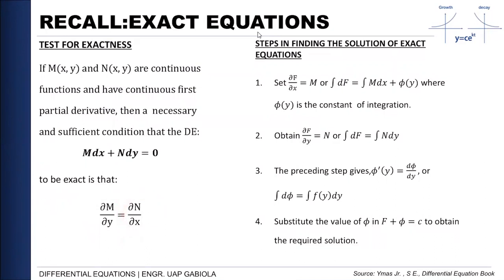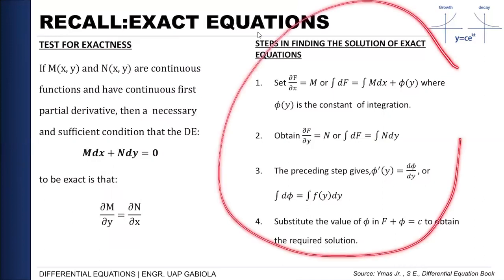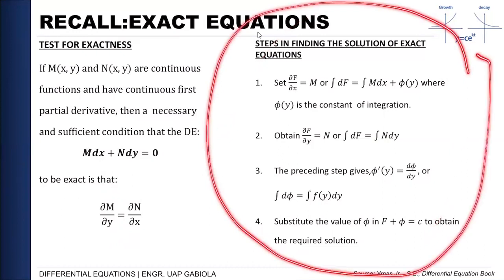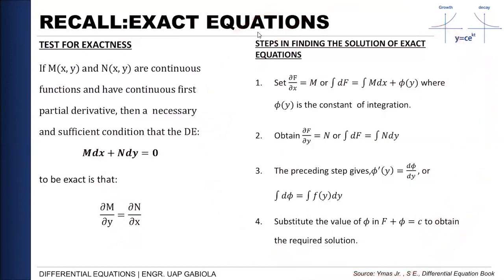Once these two values are equal, we say that our differential equation is exact. Once we prove that it is exact, we can solve the differential equation using this step. To review, please refer to the other lecture video about exact equations.